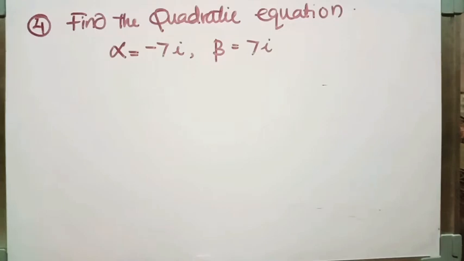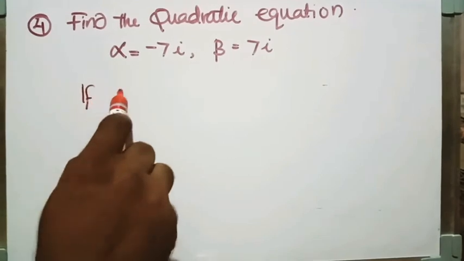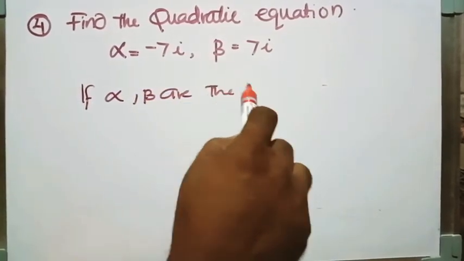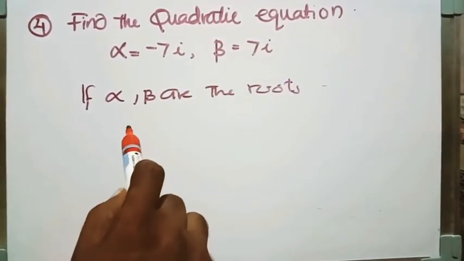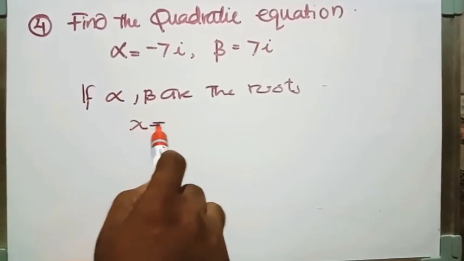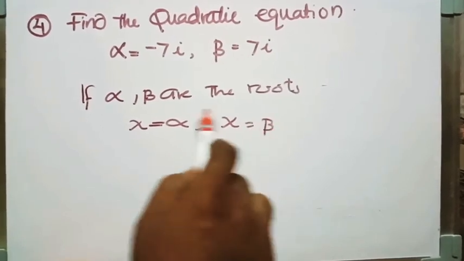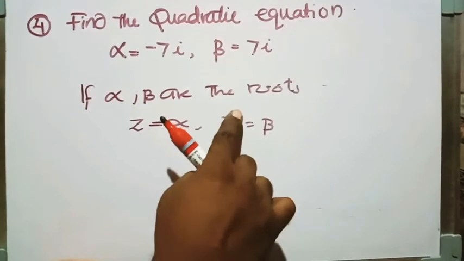Whatever, if alpha and beta are the roots, then we can say that x is equal to alpha and x is equal to beta. Here we can call it not x, it is z, as it is complex.